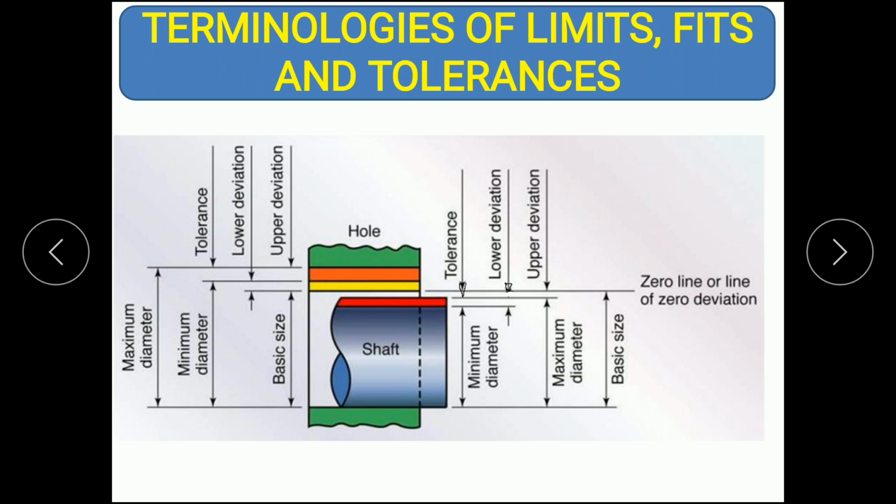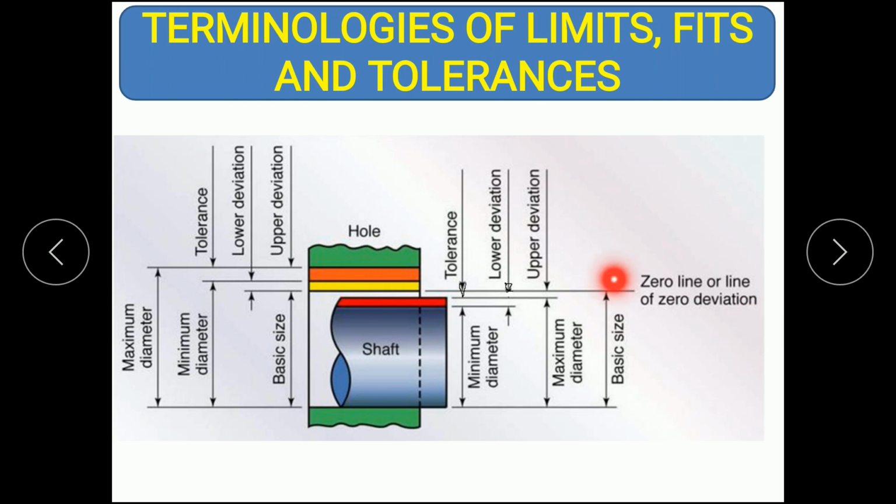This is the basic size. You can see the lower deviation and the upper deviation. Deviation is always defined with respect to the basic size, which is the zero line.